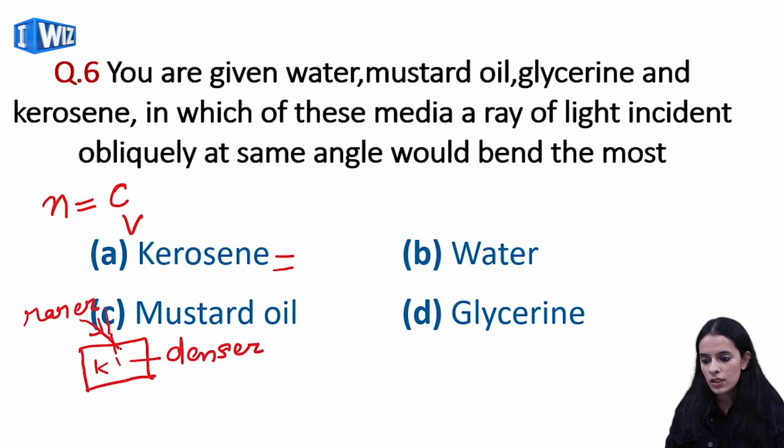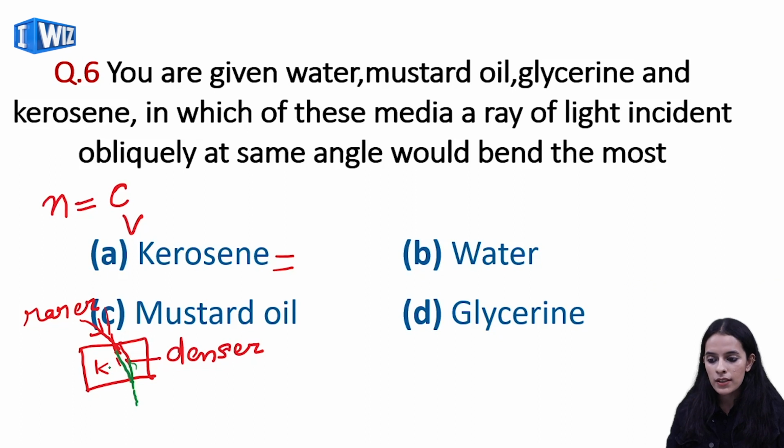When light strikes a surface and goes from rarer to denser medium, it bends towards the normal. Then this ray of light again strikes the next surface, and now it is again changing its medium.